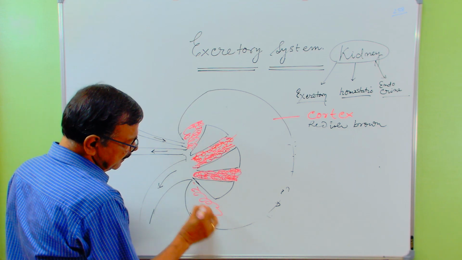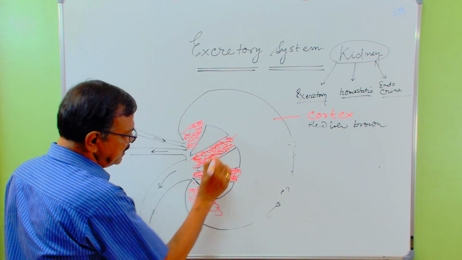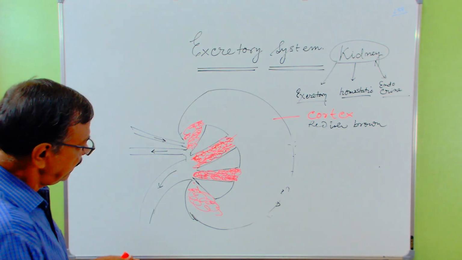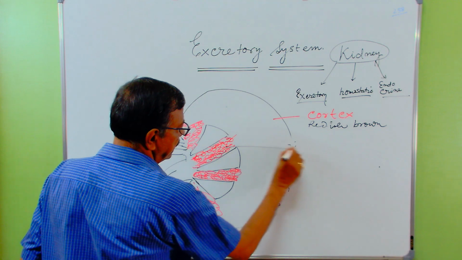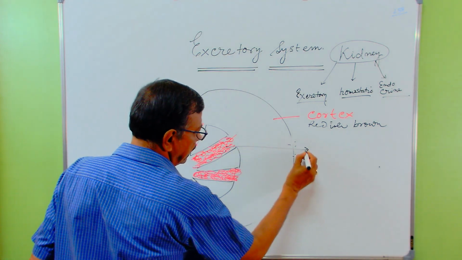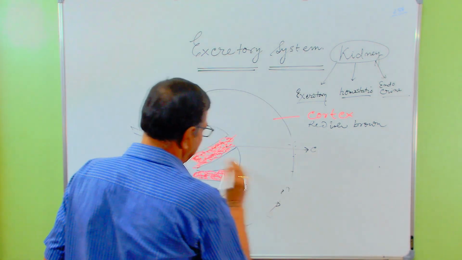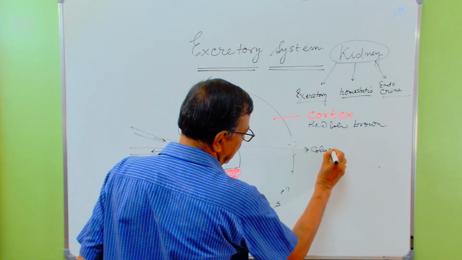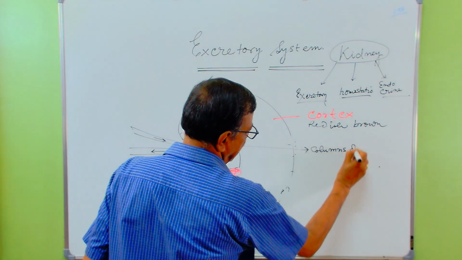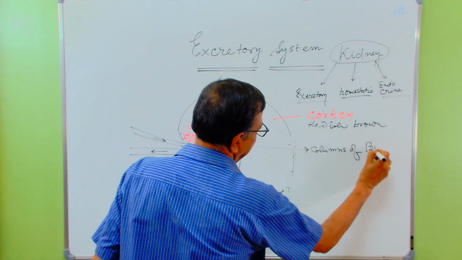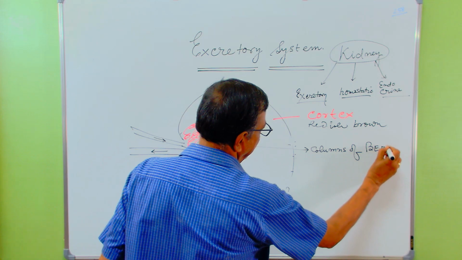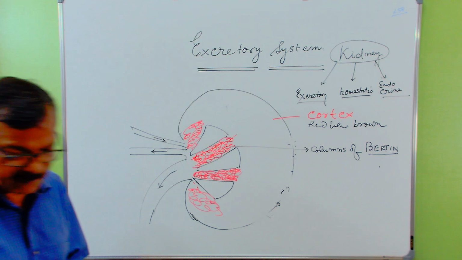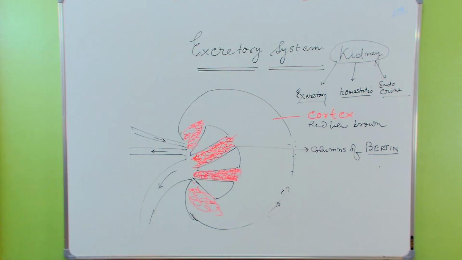Here also. This is known as renal columns, or columns of Bertin.